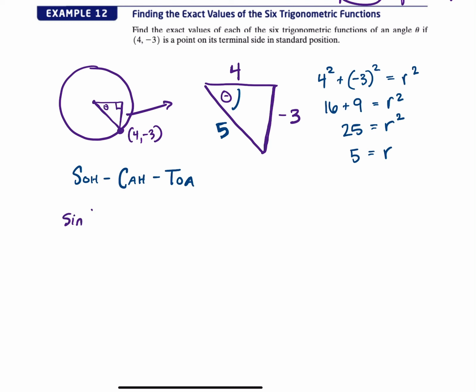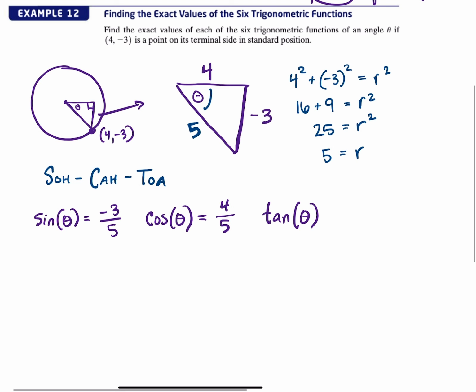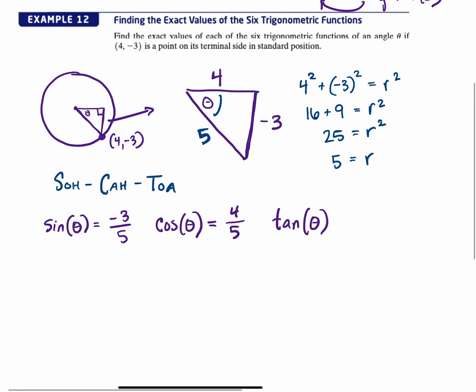The sine of this angle, whatever it is, is opposite over hypotenuse, so -3 over 5. The cosine is adjacent over hypotenuse, so that will be 4 over 5. The tangent is opposite over adjacent, so that would be -3 over 4.